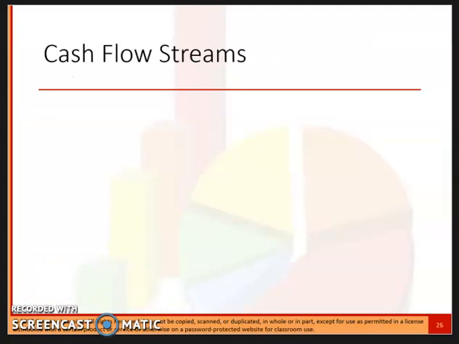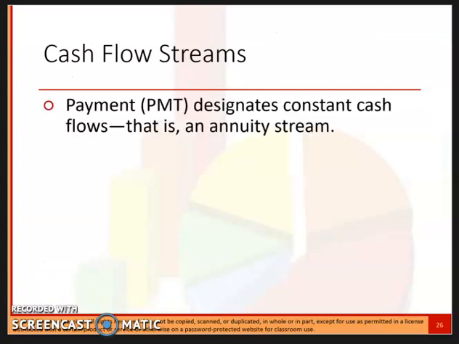So cash flow streams. Payment, or PMT, designates a constant cash flow or an annuity. So if we have a single payment, we're going to use the PV or the FV, depending on whether it's now or in the future. Payment is going to allow for multiple cash flows of the same amount.